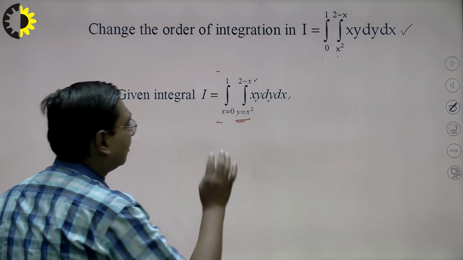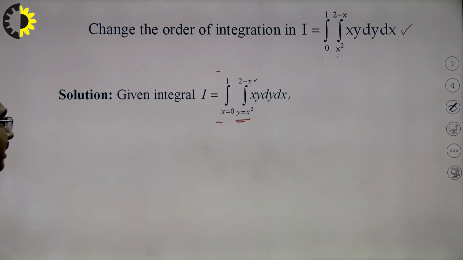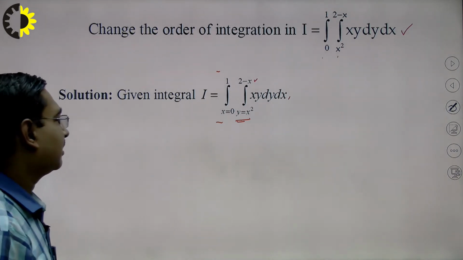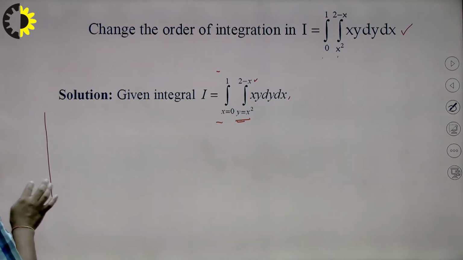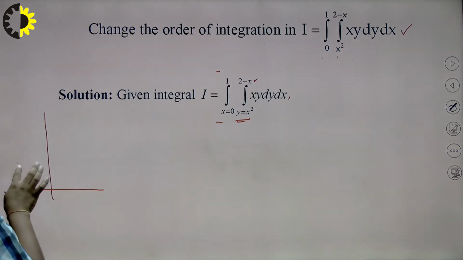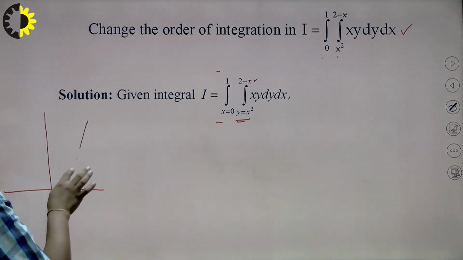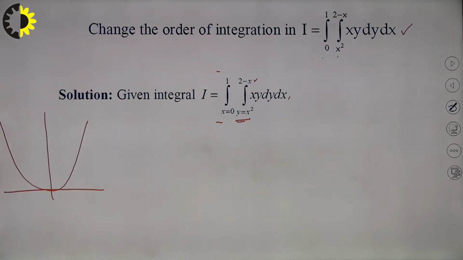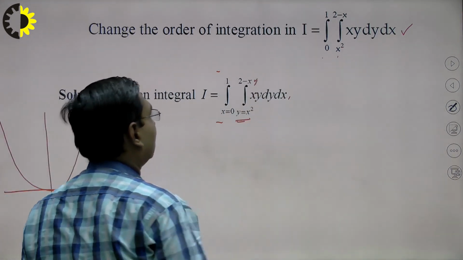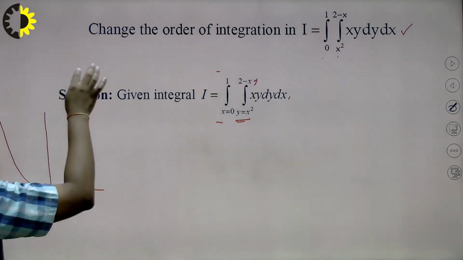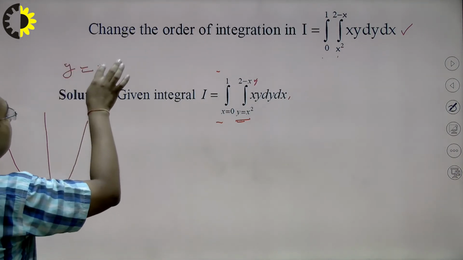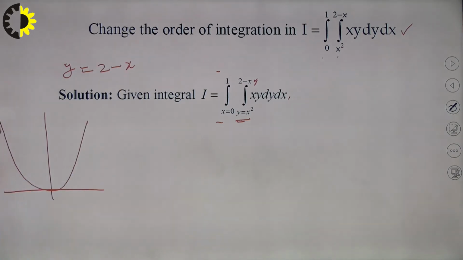This is y equal to x square. We are aware that y equal to x square is a parabola opening upwards. This is the graph of y equal to x square. The upper limit is 2 minus x, meaning y equals 2 minus x.